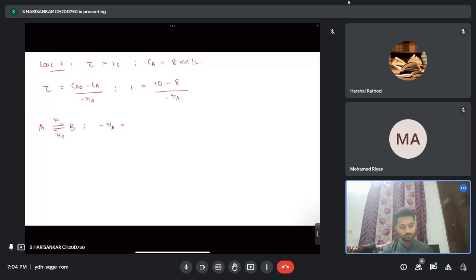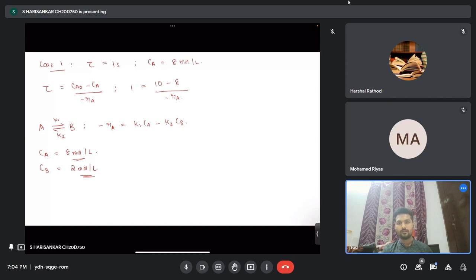So we can write this reaction rate expression as minus Ra is equal to K1 Ca minus K2 Cb. Now we know that Ca is 8 mole per liter here. So from this we can find Cb. Cb will be 2 mole per liter.